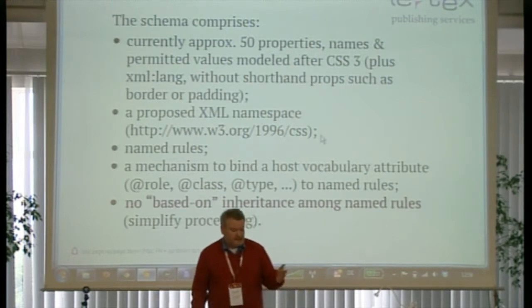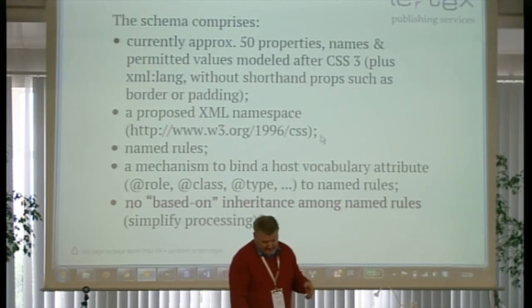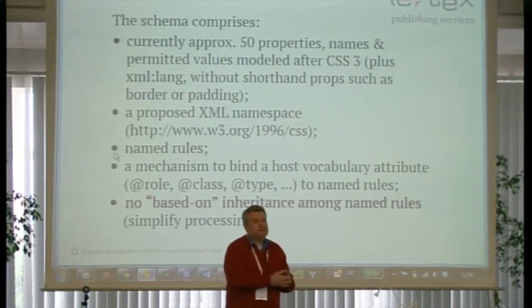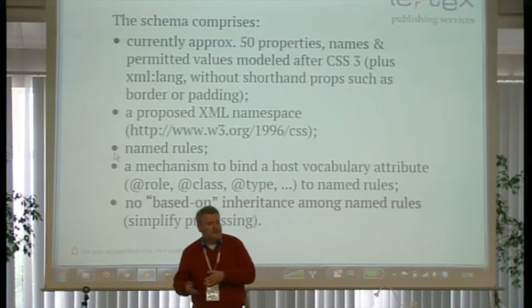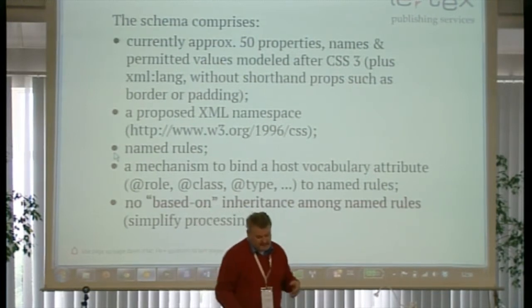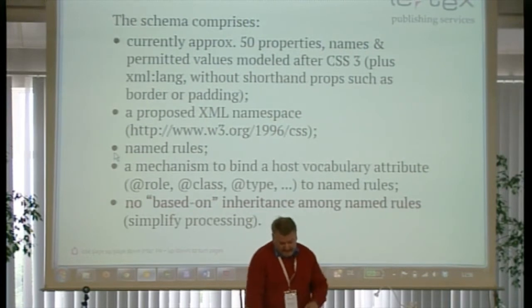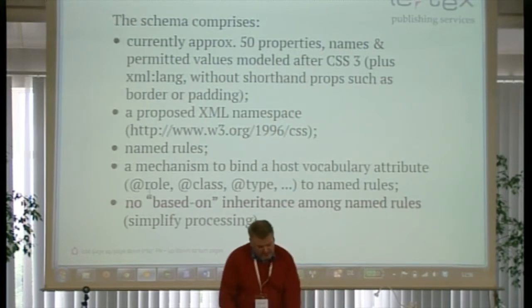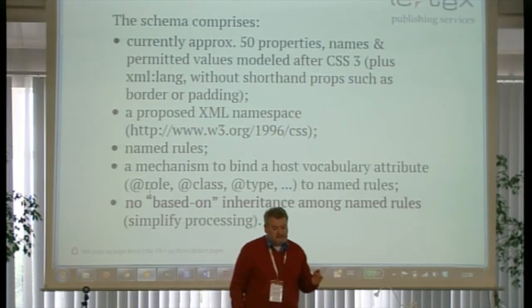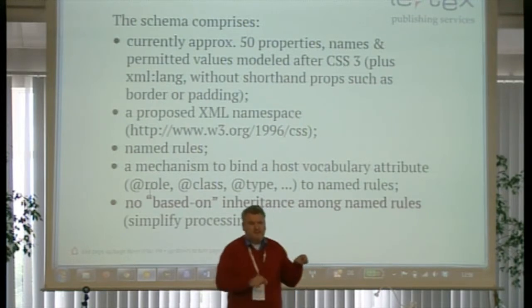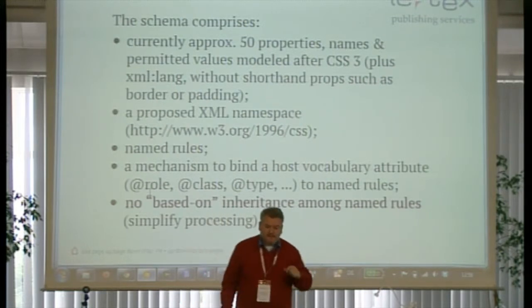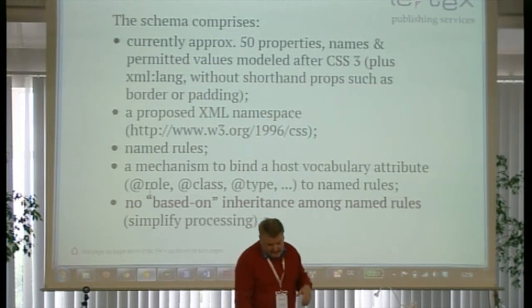And since CSS, I think, is a bit older than XML, from 1996, we are proposing this one. And the schema, as I said, contains that concept of named rules that correspond to HTML or CSS classes. And a binding mechanism. So if you have DocBook with roles, then you can declare that a role attribute's value should select a certain CSS rule, a certain styling or type in TEI lingo.